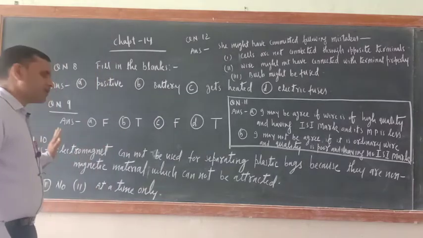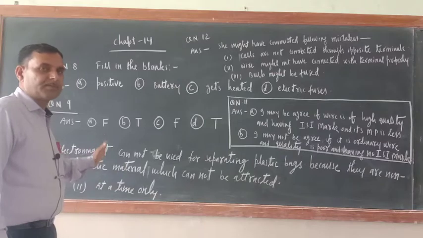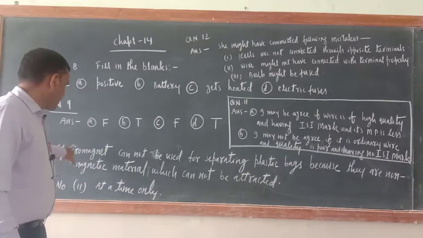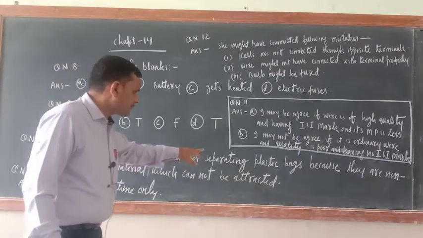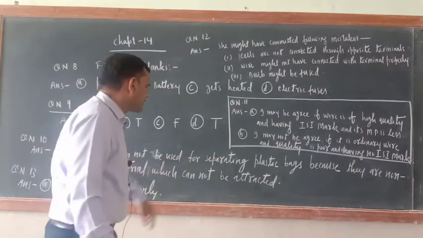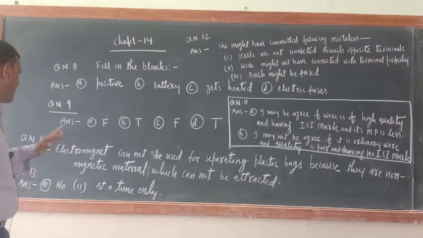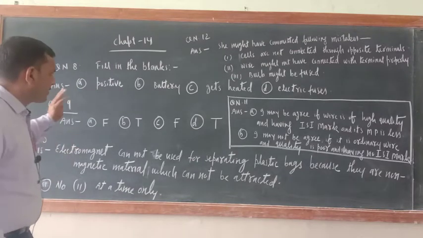Hence we cannot use an electromagnet for separating plastic from the garbage heap, because plastic bags are non-magnetic material which cannot be attracted. So this is question number 10.